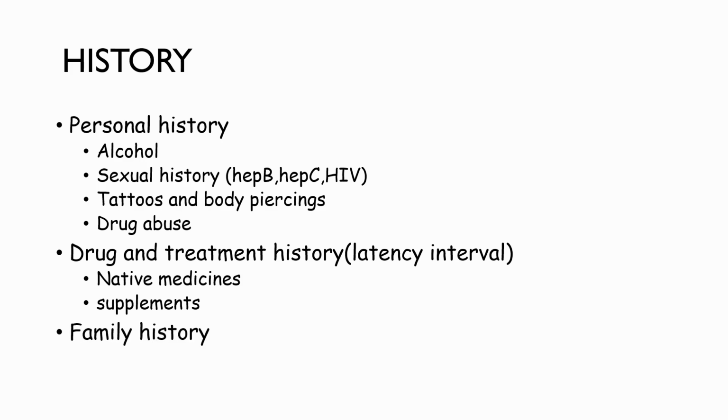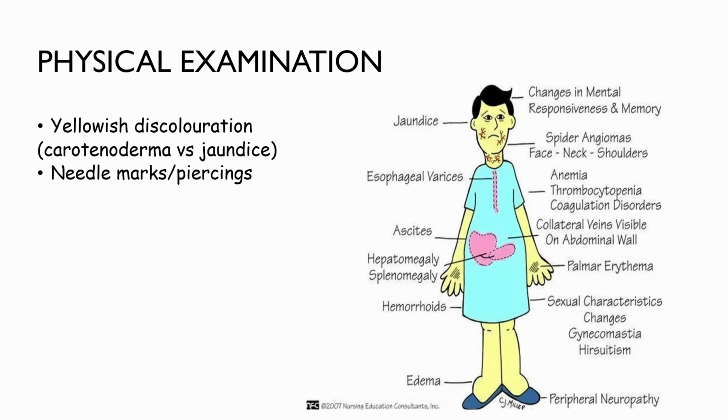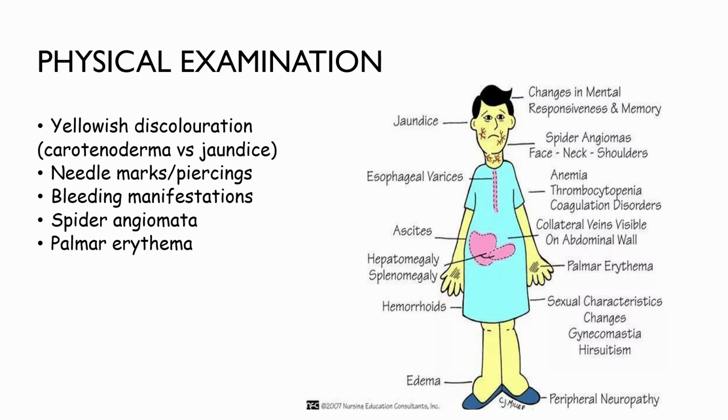Next, coming to the physical examination, we have to look for signs of liver failure: jaundice, needle marks, tattoos or piercings, bleeding manifestations like subconjunctival hemorrhage, spider angiomata, palmar erythema, muscle wasting, gynecomastia, testicular atrophy, pedal edema, ascites, fetor hepaticus, and flapping tremors.